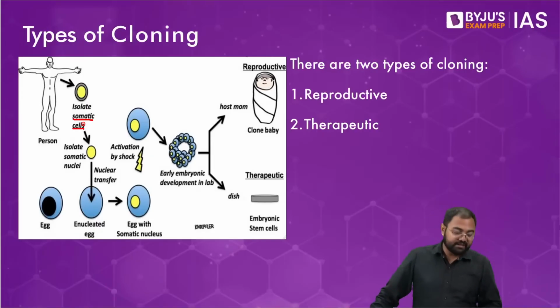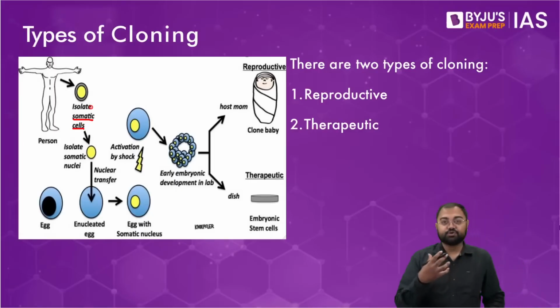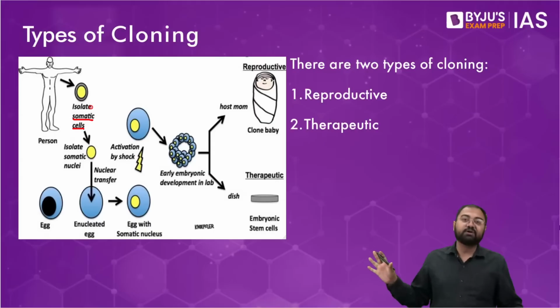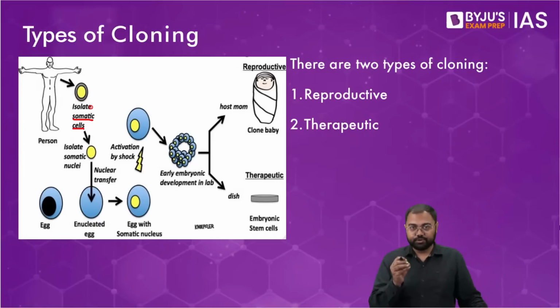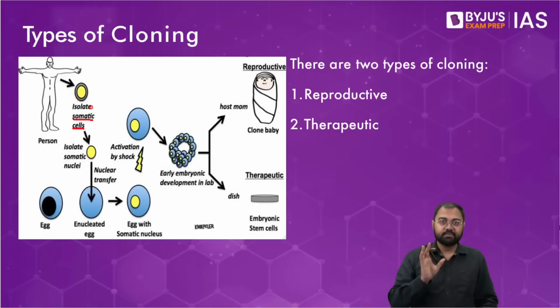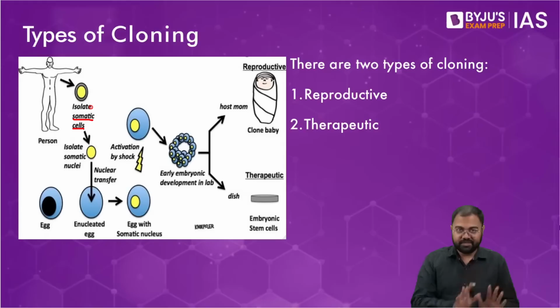All right, these are somatic cells. So, first and foremost, we will isolate somatic cells, and here we have shown a human. It need not necessarily be a human, it can be an animal. So first you have to isolate a somatic cell from the person, or let's say from the animal.